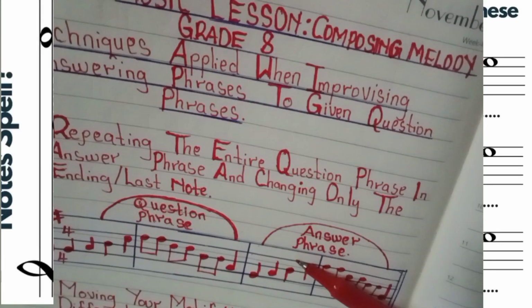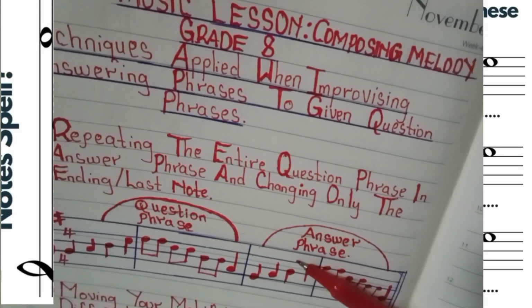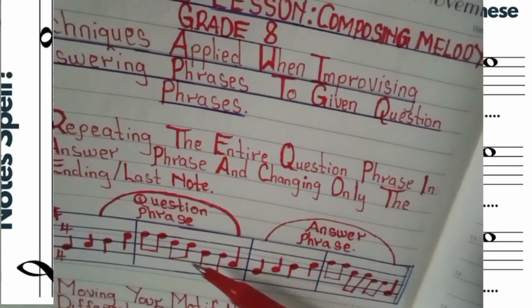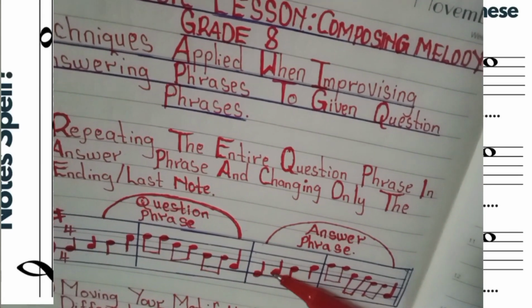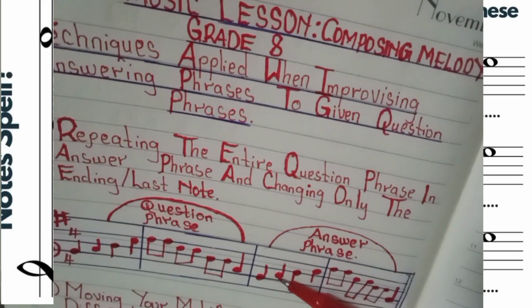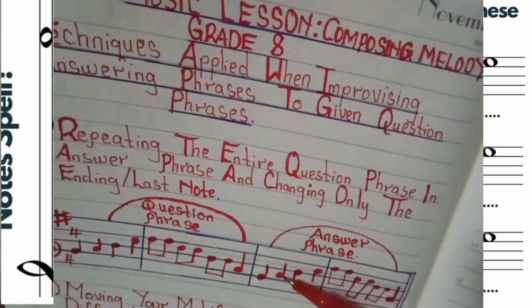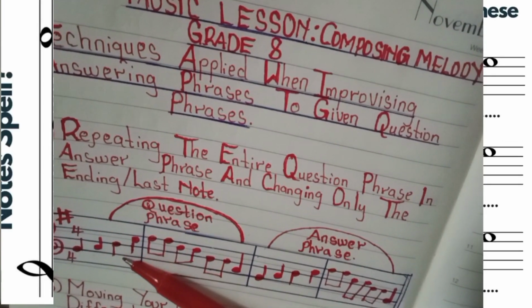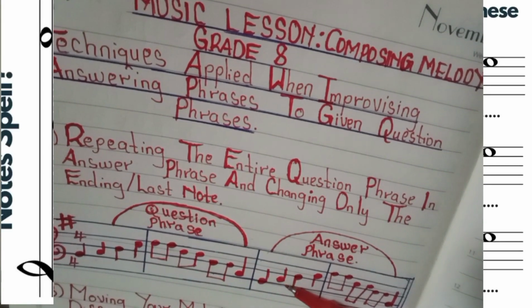We are being told to repeat the entire question phrase in the answer phrase and change only the ending. So here, the first bar, we are going to recopy it and put it in the first bar of the answer phrase. As you can see, the position of these notes and the position of the notes in the question phrase are the same.